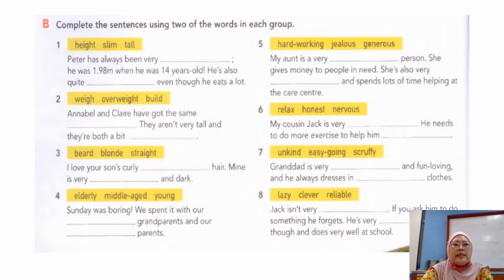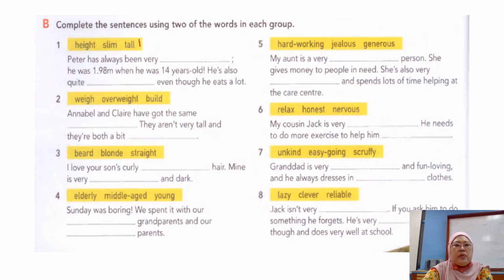Okay, complete the sentences using two of the words in each group. There are three words given. You just need to choose two words and fill in each blank. Okay, let's do this together. Peter has always been very, what? He was 1.98 meters, meaning that he is very tall.